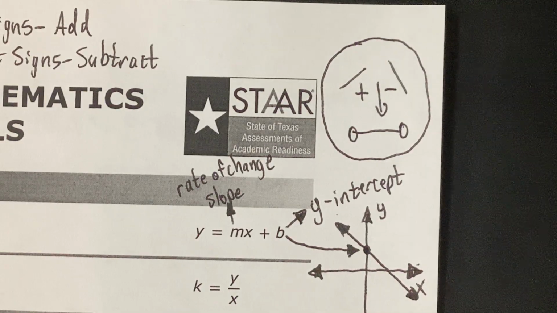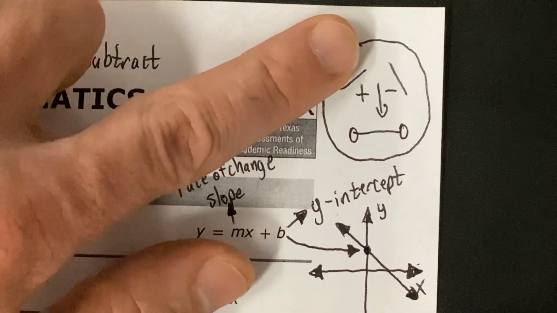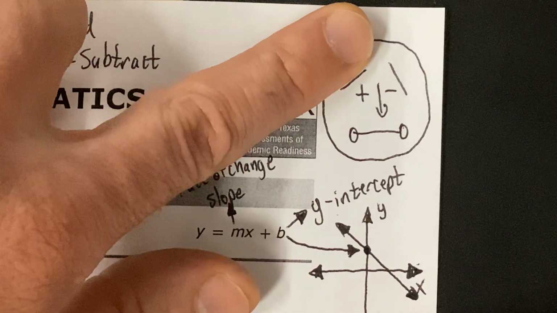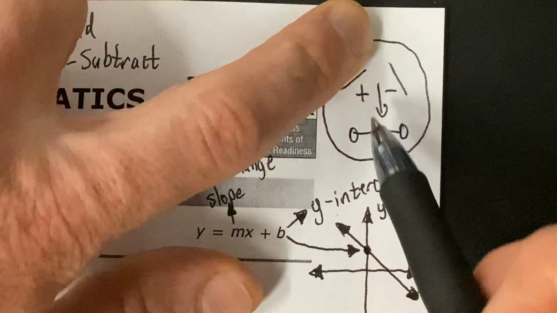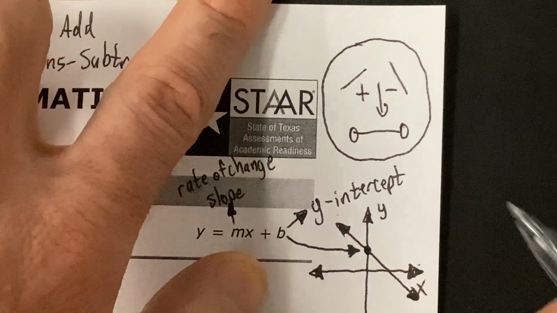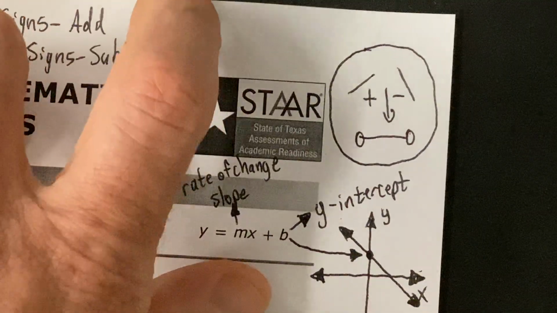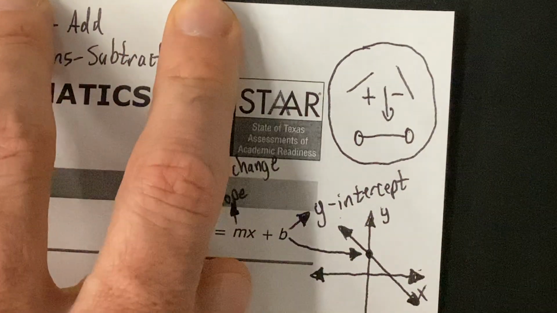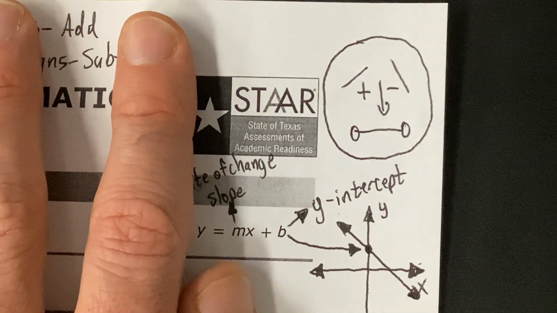A lot of you already had it drawn, that's good. So when a line is going uphill like this, what kind of slope does it have? Positive slope. When it's going downhill, what kind of slope? Negative. And again, for 7th grade, y'all probably don't have to worry about these other two, but you're going to have to start thinking about it next year, so the slope face is good just to start thinking about now.